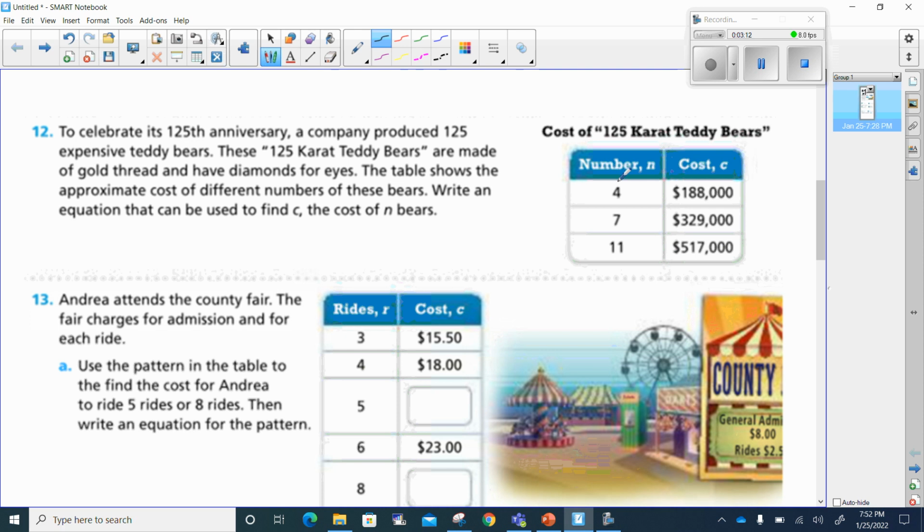We're looking at 4 bears costing $188,000, 7 bears costing $329,000, and 11 bears costing $517,000. To properly use this table, I have to make sure that the rate is the same on every one of these.